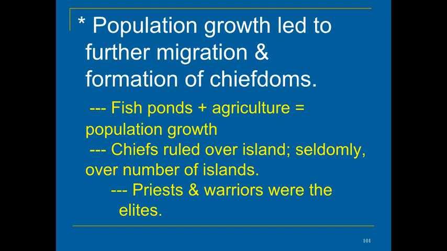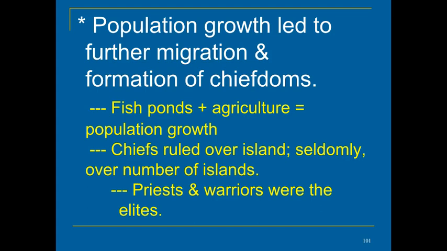And we're not going to see political unity, because the islands, and the ocean, of course, are going to be a barrier to having central political rule. Regardless of which island you're looking at, there is always going to be a common theme that the priests and the warrior classes will be the elite, while the majority of the people, the commoners, will be in farming.